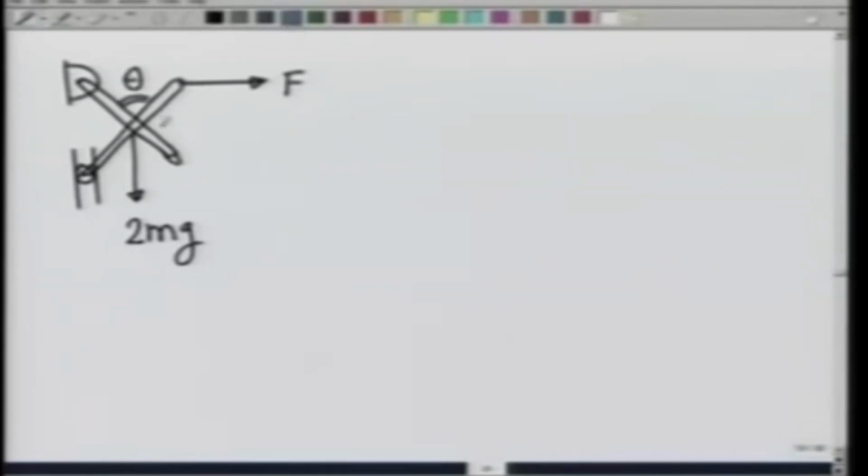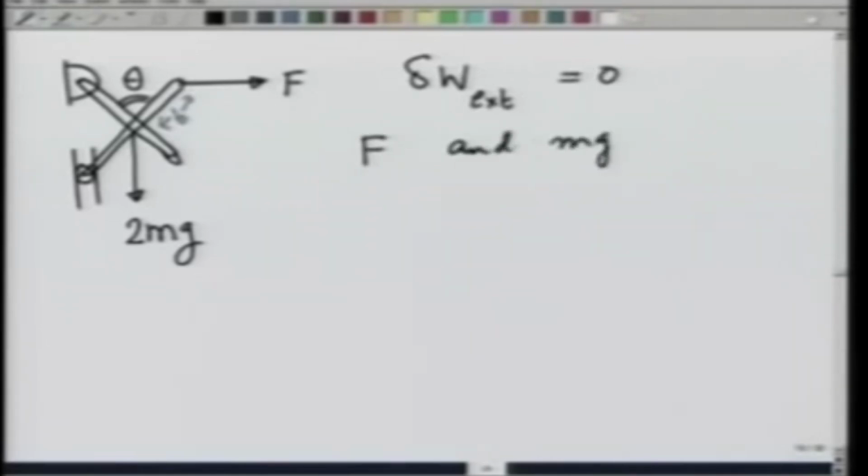Each half of the bar is b. The constraint forces again do not do any work, and therefore delta W for external forces only should be 0. The two external forces that are there are F and mg.